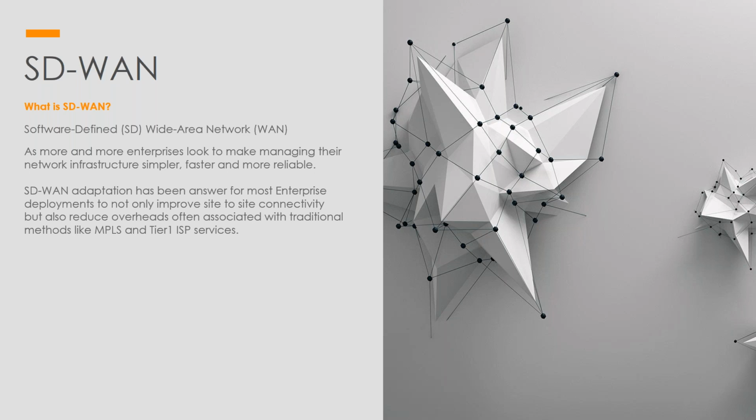Maybe you have a head office in the US or in Japan, and you have a branch office locally in UAE or somewhere else. And then you have a dedicated line, and that dedicated line is quite expensive to have. So we offer a solution where you can use traditional internet connections to replace the MPLS connections.